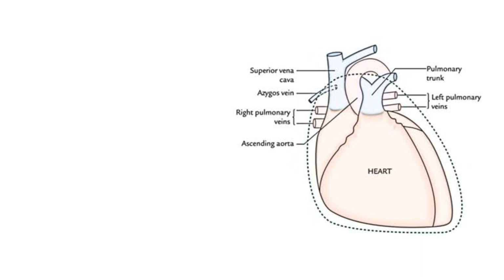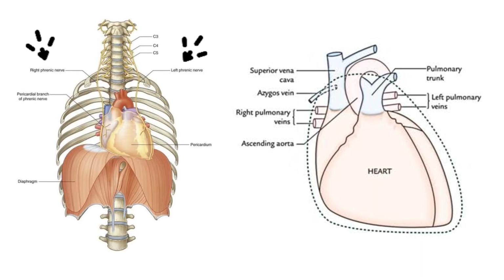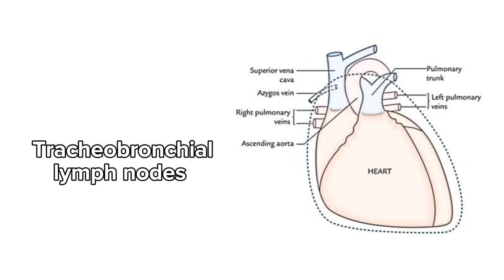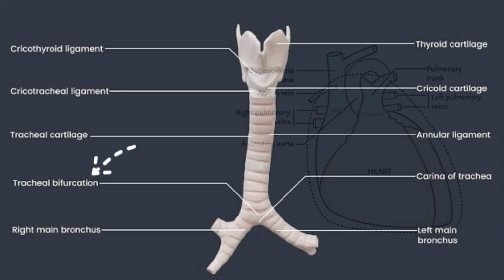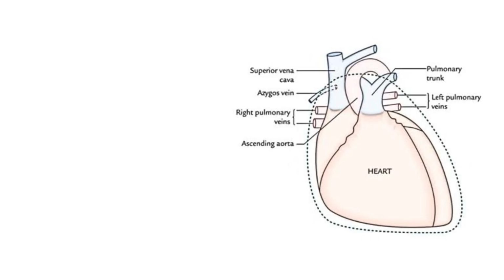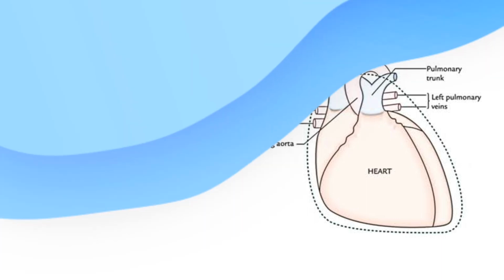You have phrenic and deep cardiac plexus, and you have lymph nodes such as the tracheobronchial lymph nodes, and you have the bifurcation of the trachea. You have right and left principal bronchus. So that will be all for the middle mediastinum. Let's look at the last but not the least, posterior mediastinum.